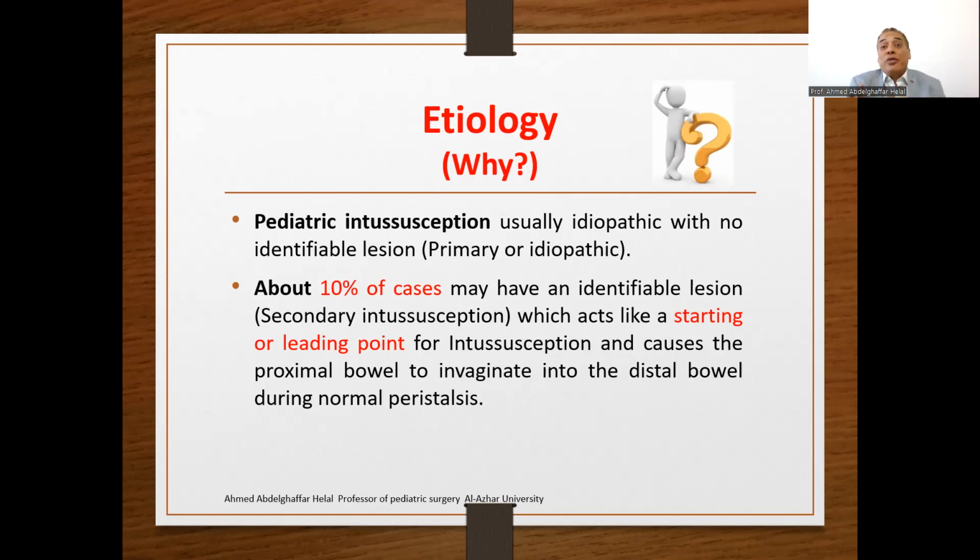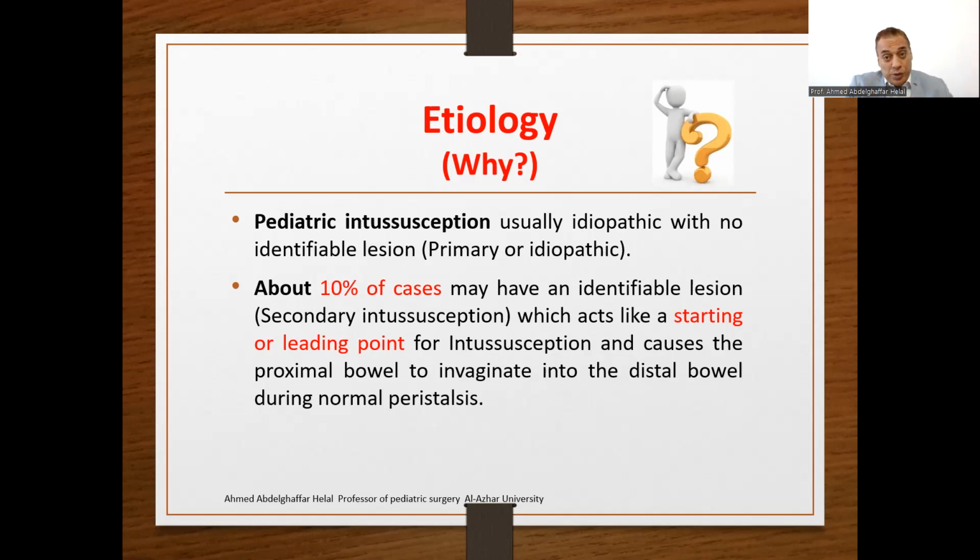So the presence of this lesion is called the leading point or sometimes starting point for intussusception, and causes the proximal bowel to invaginate or telescope into the distal bowel during normal peristalsis.